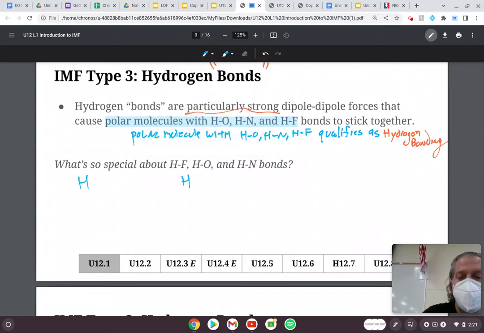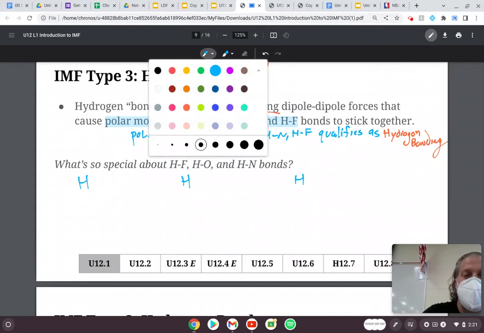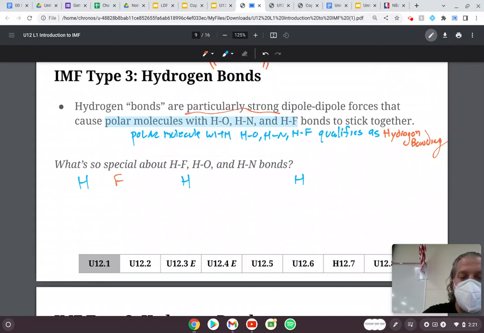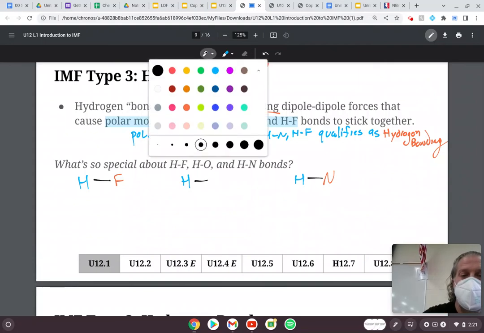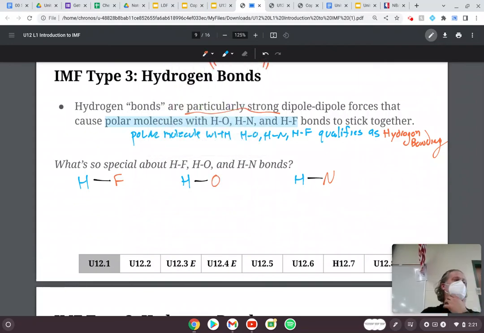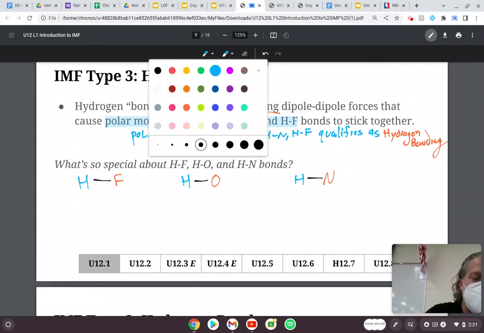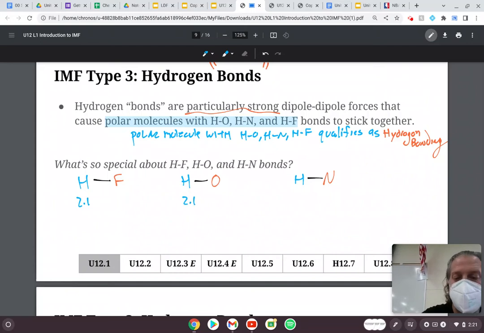I'm comparing hydrogen and fluorine with hydrogen and oxygen with hydrogen and nitrogen. And when I bond these together and I calculate the electronegativity difference, right? Hydrogen is a 2.1. I grabbed that from the periodic table. Fluorine is a 4.0. Oxygen is a 3.5.